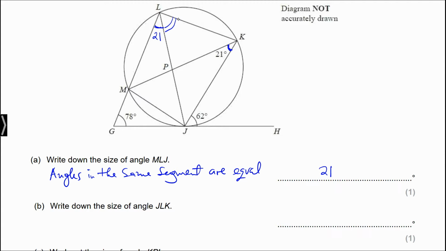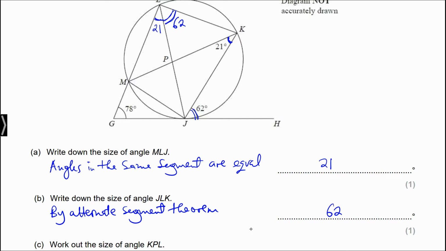The alternate segment theorem states that this angle here and this angle here will be equal. So by the alternate segment theorem, this angle here will be 62.